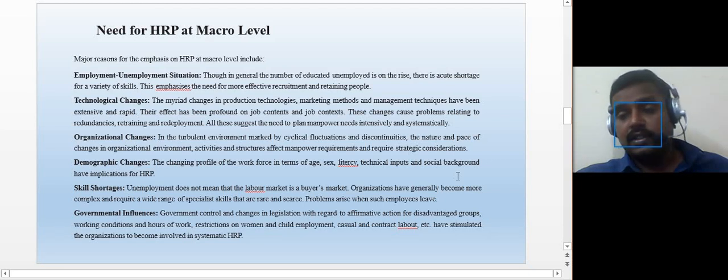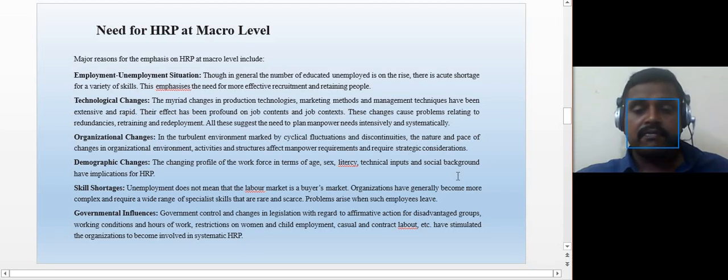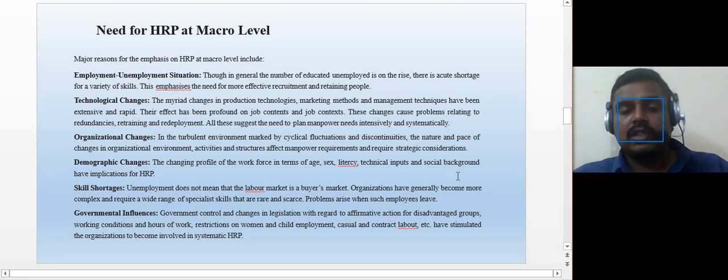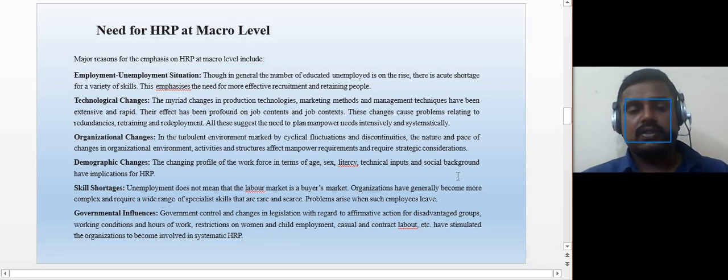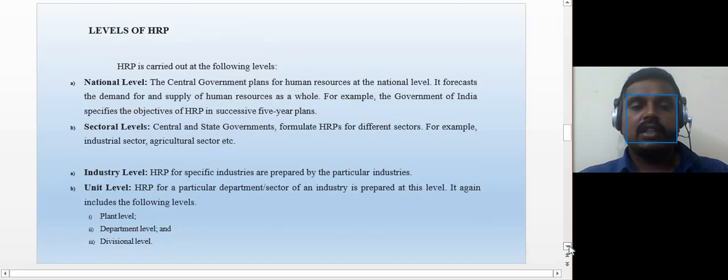And the next thing is government influences. We have local legislative bodies and the central one. So affirmative actions based on working conditions, hours of work, restrictions on women and child employment, and casual and contract labor, etc., have stimulated organizations to become involved in very systematic human resource planning. So these are the needs for HRP at macro level.